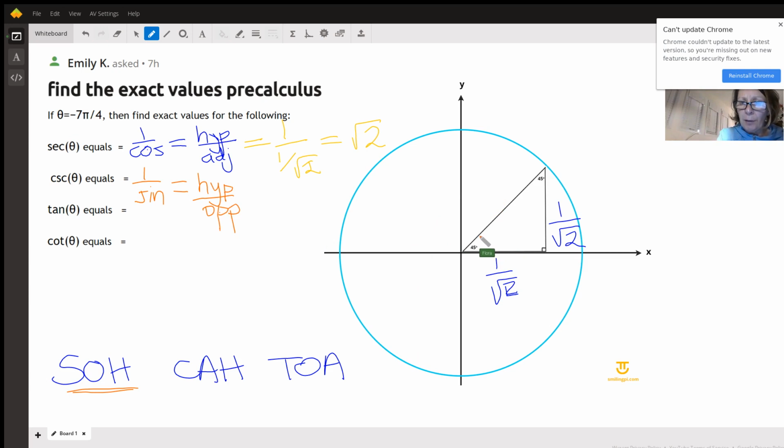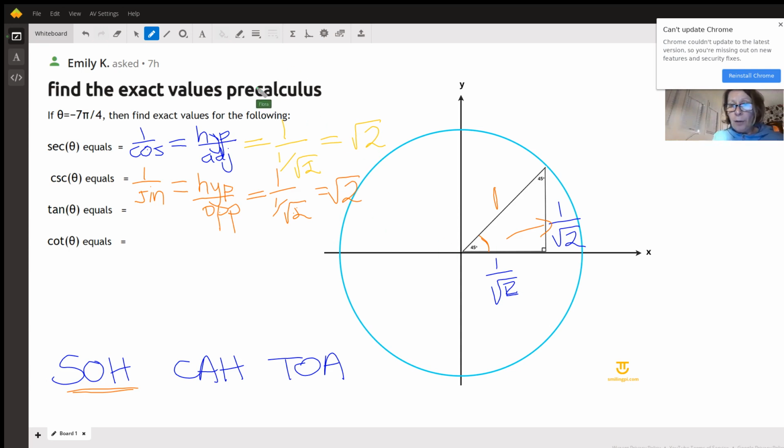From our angle here, hypotenuse again is going to be a radius 1, and the opposite is 1 over root 2. So it is actually identical to the previous answer, 1 over root 2, which is indeed just root 2.